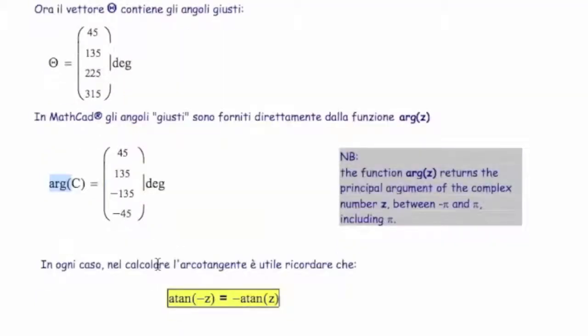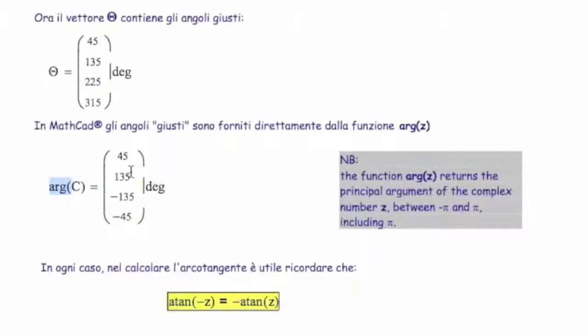In fact, arg is giving us the correct angles. Anyway, arg returns the principal argument of the complex number between -pi and +pi, including pi. So the angles for the third and the fourth complex numbers are reported when counting the angle in the clockwise direction, and so as negative numbers.